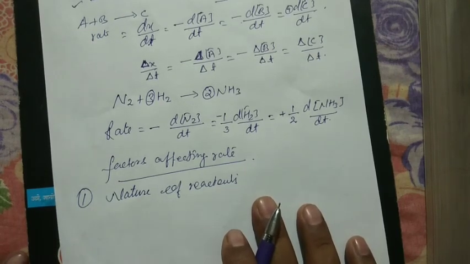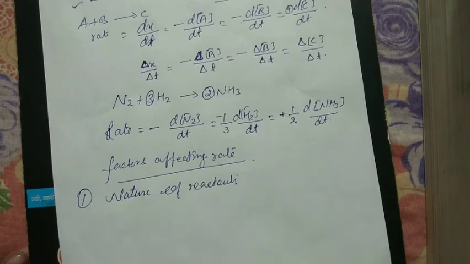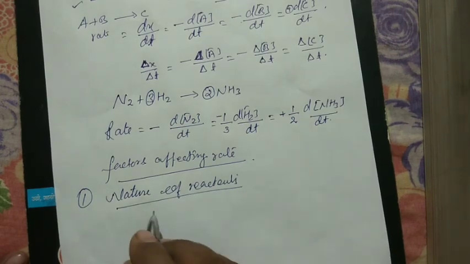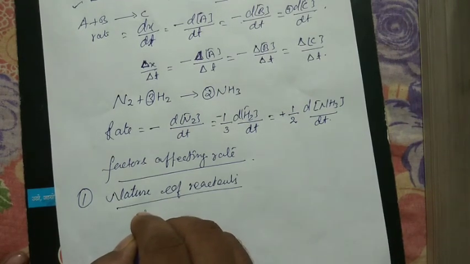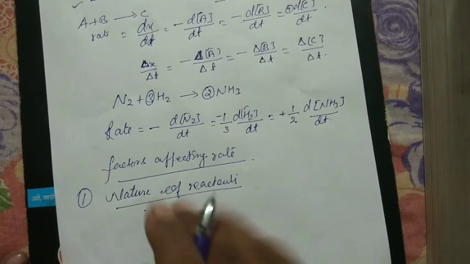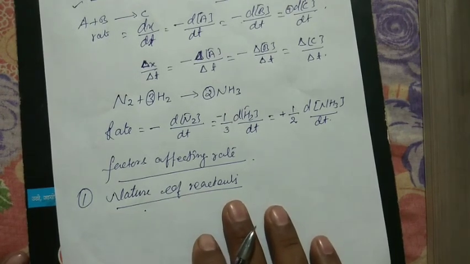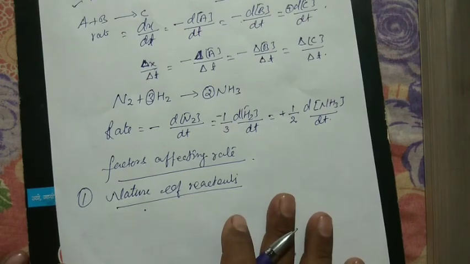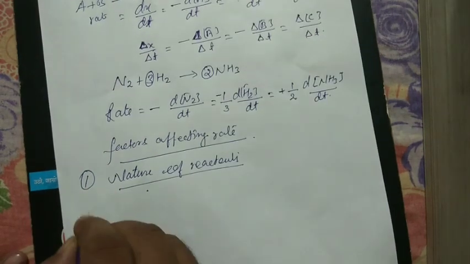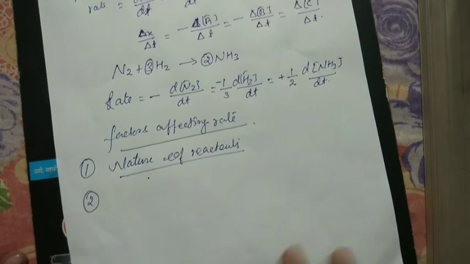Different reactants will react at different rates. Why? Because bond breaking and bond making require different energy in case of different reactants, so the rate of reaction will change accordingly.